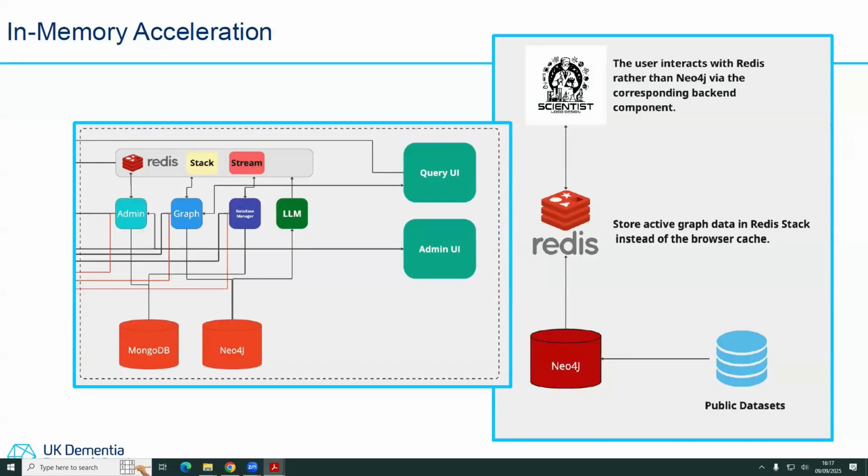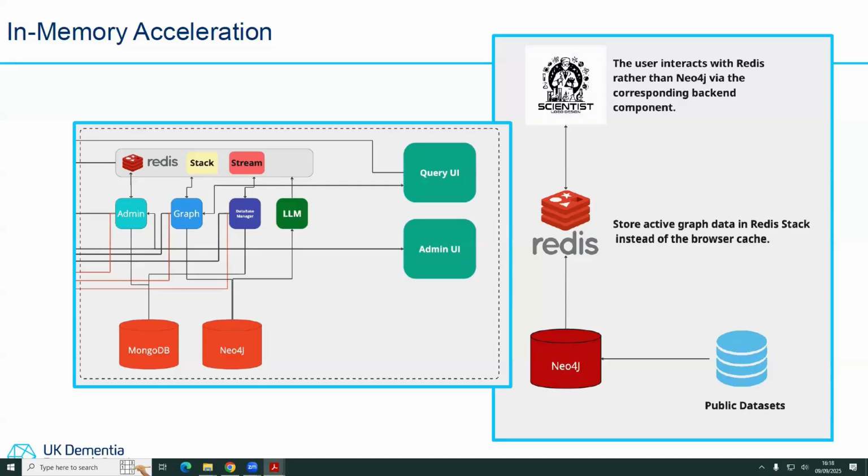So regarding in-memory acceleration, Redis Stack was a game changer for us. It reduced cold start for different traversals across the graph. And the thing is, users don't interact with the main graph database. They interact with Redis.